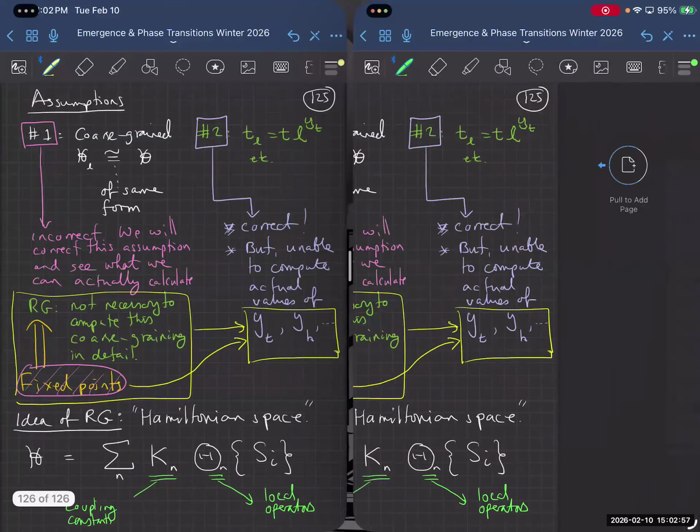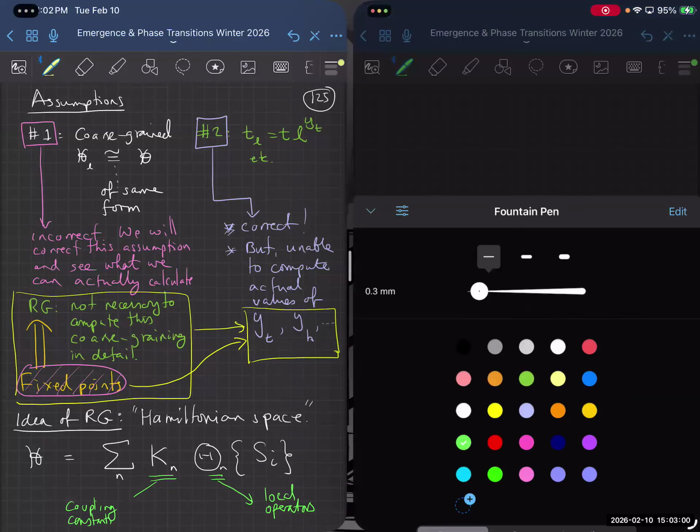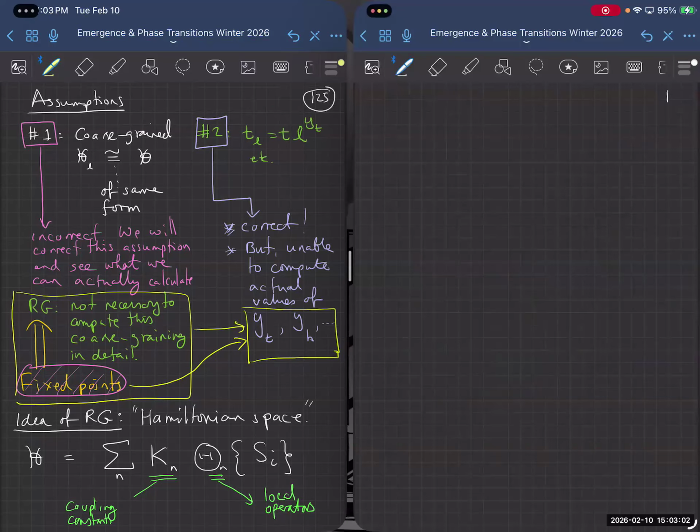So when we talk about a Hamiltonian space, what do I mean by that? So the idea is this: we think of the local operators as forming a kind of basis. And then we can think of the coupling constants as being some sort of expansion coefficients.